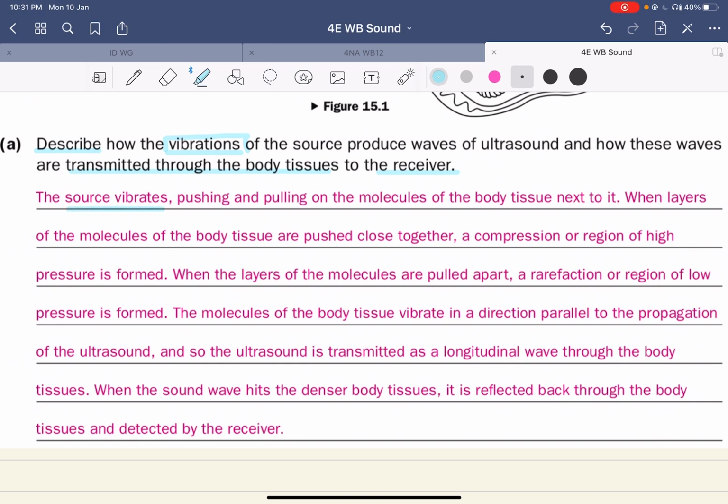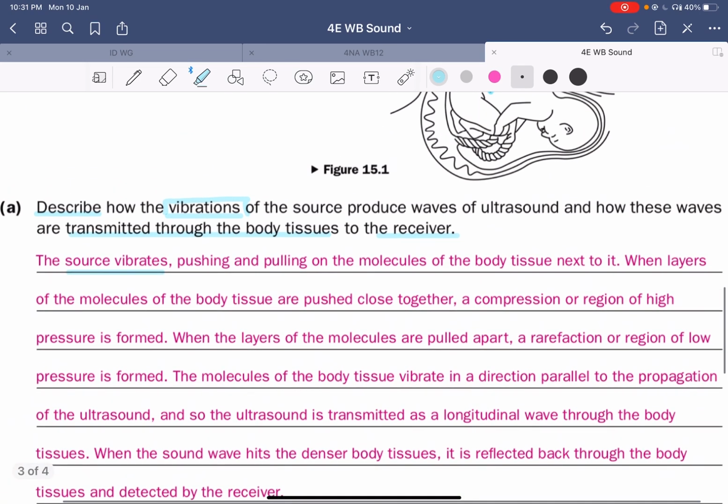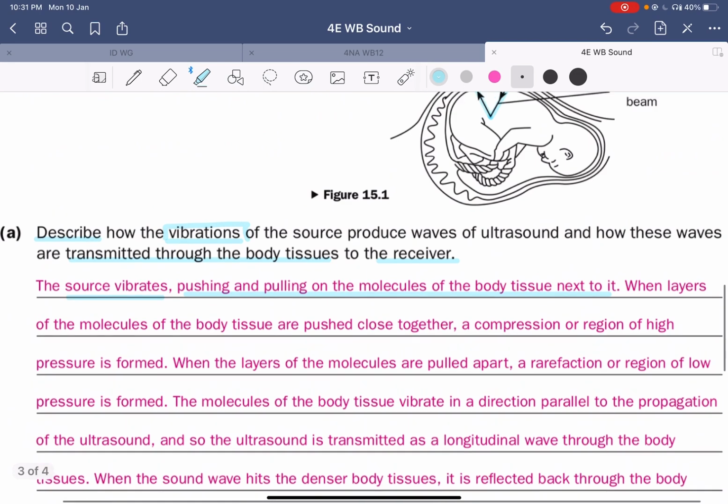So the source vibrates. Remember that this is ultrasound, which is still a sound wave, just of very high frequency beyond the hearing range of our ears, but it is still a sound. Therefore we say vibrates, not radiates. The source vibrates, pushing and pulling on the molecules of the body tissue next to it.